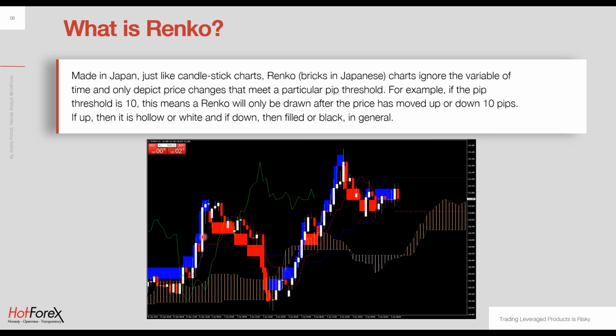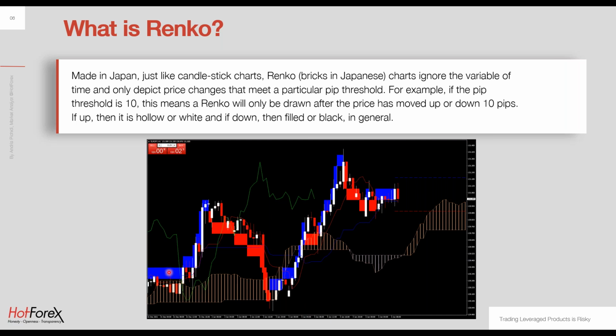So it's something similar to the cloud of the Ichimoku. If we have a blue or white color, a big size brick, that's a bullish sign, especially if it's above our price action.